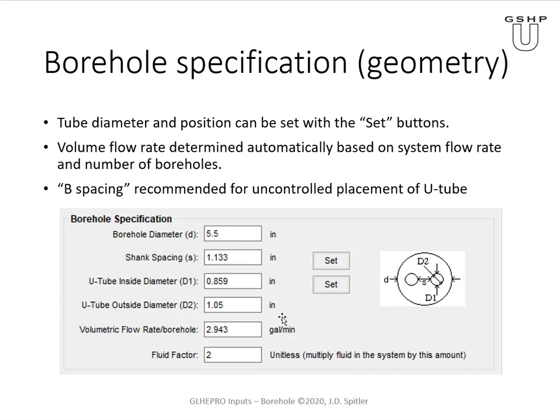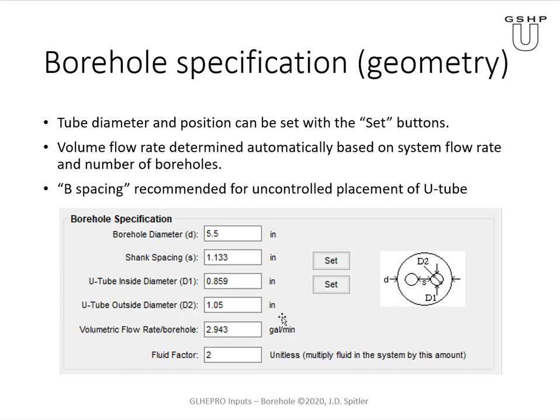And then in terms of the shank spacing, I guess we'll look at this later. I don't think I have an image here for it, but there are some standard spacings that were originally developed by a guy named Neil Paul. He was a graduate student under Chuck Raymond, and he had an A spacing, where the pipes were close to touching each other.